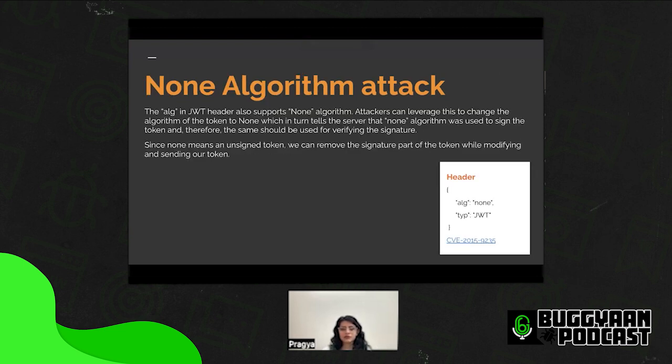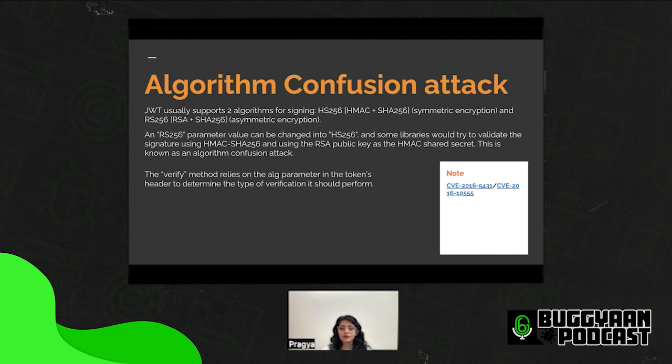Next is the algorithm confusion attack. So, JWT usually supports two algorithms for signing. One is HS256, that is the symmetric encryption, and RS256, which is asymmetric encryption. So HS256 is HMAC plus SHA-256. SHA-256 is my hashing algorithm.